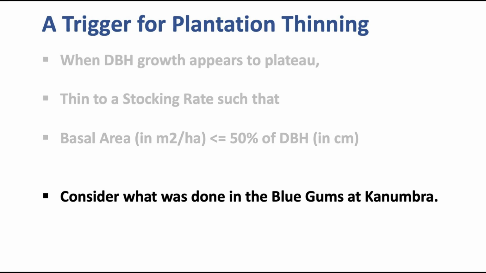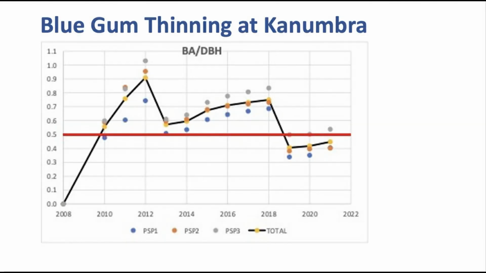Let's look at what was done in the blue gums at Penumbra on the first and second thinnings. We can see that before the first thinning, the basal area to DBH ratio had increased to about 0.9, but then when the thinning was done, it was brought down to a little bit over 0.5.